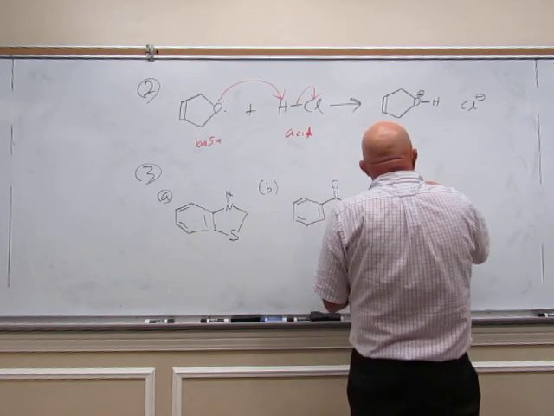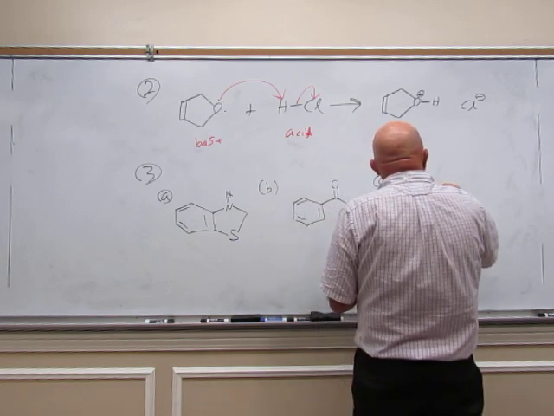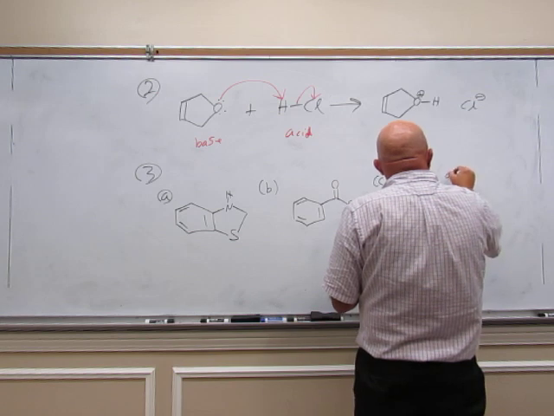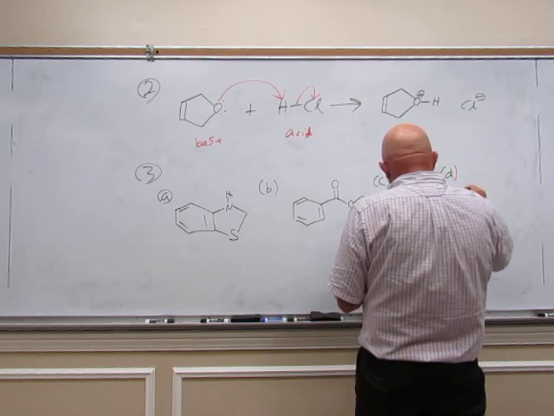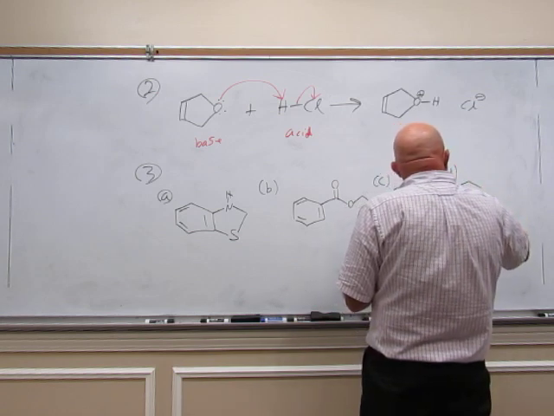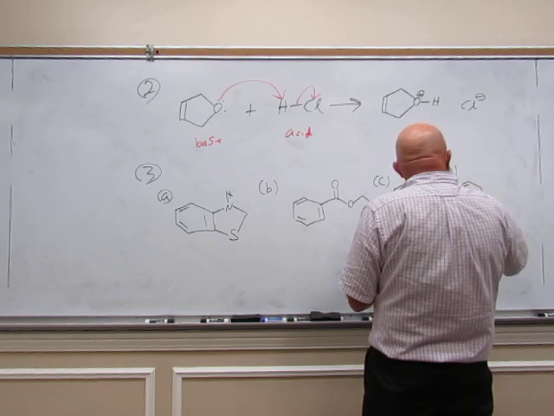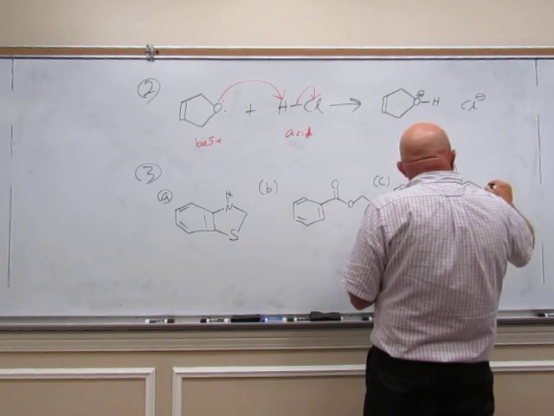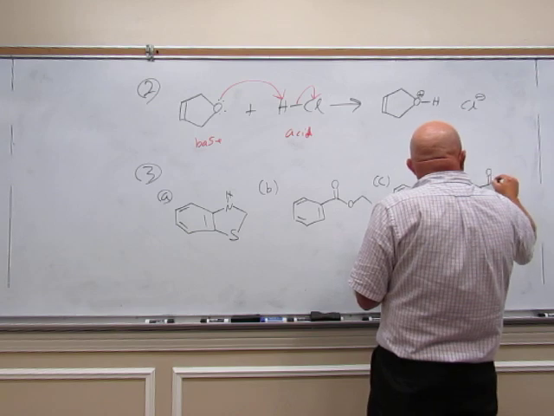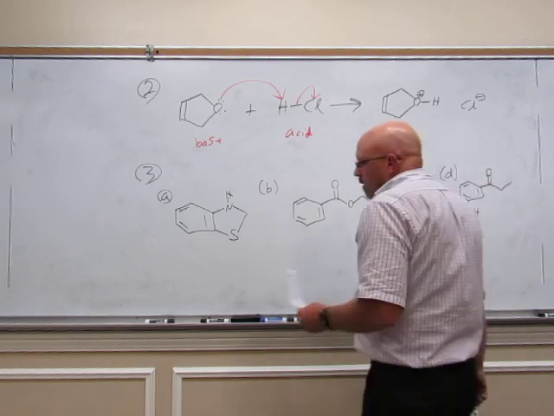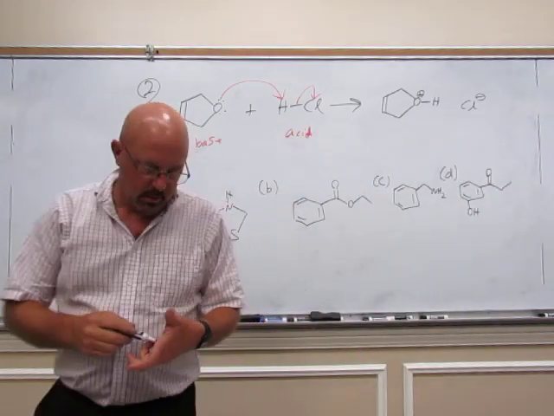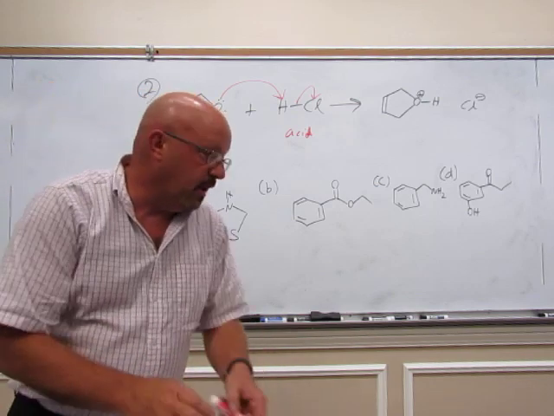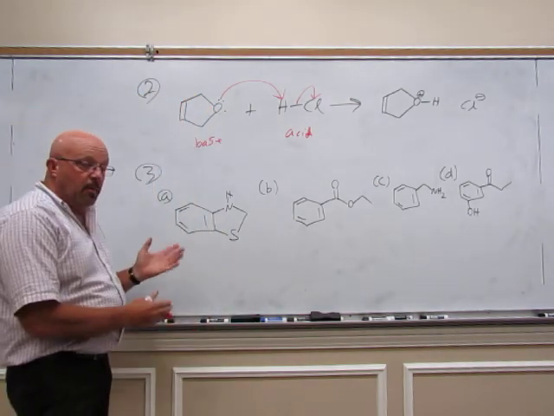So the first thing that we need to do, before you start comparing molecules, is find the most acidic hydrogen within each molecule. So let's look at each molecule and then we'll start comparing.